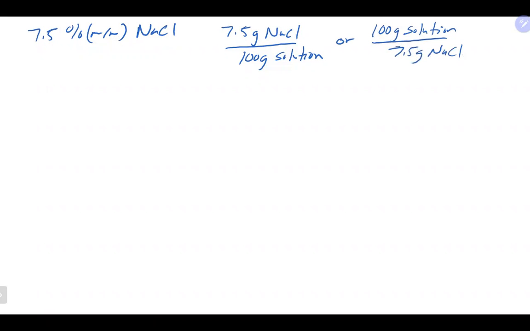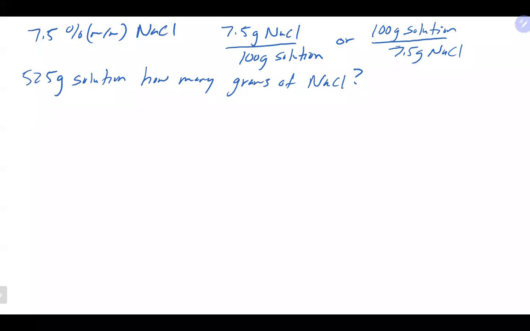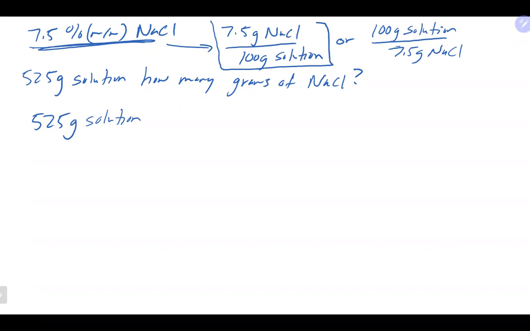This would be useful, for example, if we had something that asked: you had 525 grams of solution, how many grams of sodium chloride were there? We could take the 525 grams, and since we already turned our percentage into conversion factors, thinking of it like a dimensional analysis problem, we would want the solution on the bottom so it cancels.